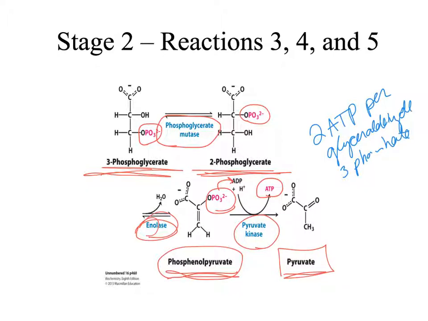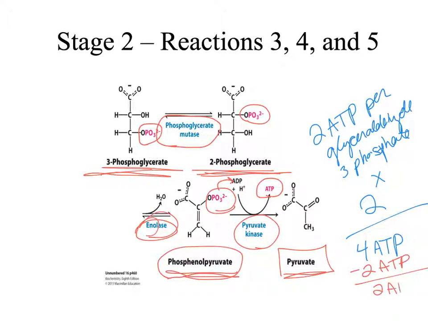And this occurs twice because we have 2 glyceraldehyde 3-phosphates generated in stage 1. So here in stage 2 we have 4 ATP that are generated. Remember in stage 1 we used 2 ATP, which means we have a net energy production of 2 ATP.